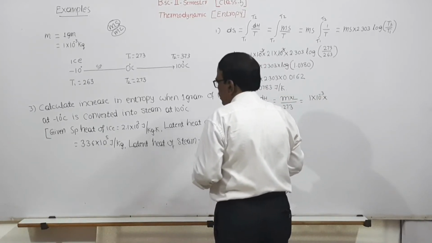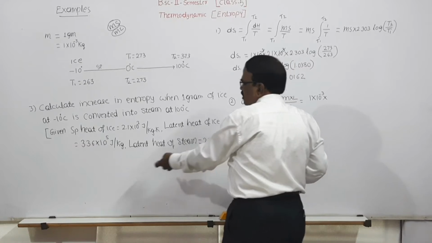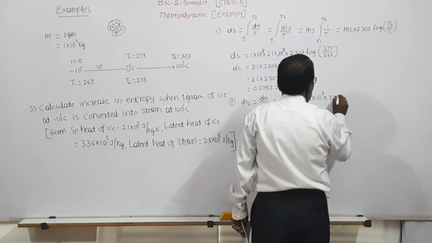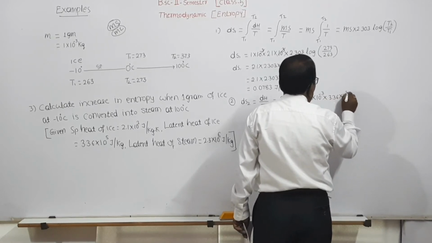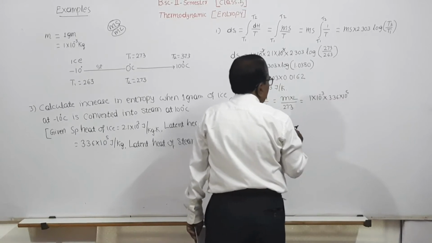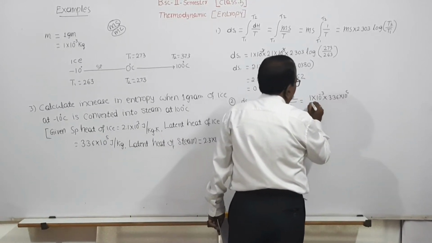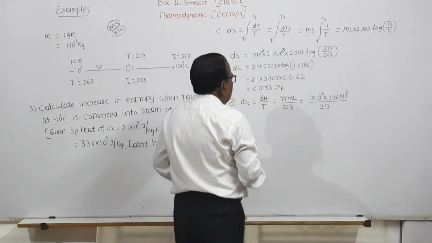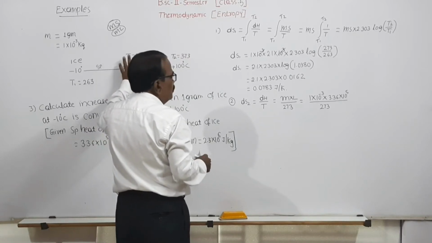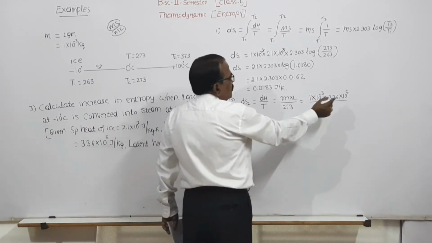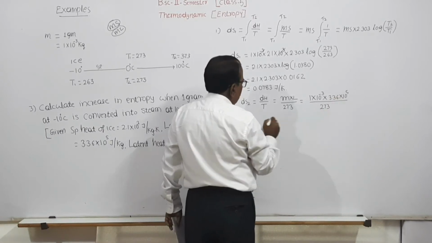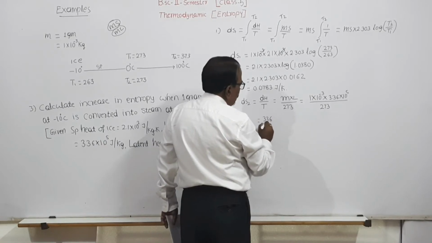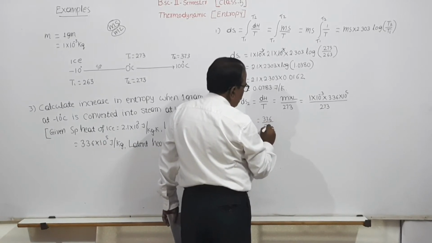L is the latent heat of ice. Latent heat of ice is 3.36 into 10 raised to 5, upon 273. Then here it is 273. Then this becomes, see, 10 raised to plus 2, this becomes 336 divided by 273.